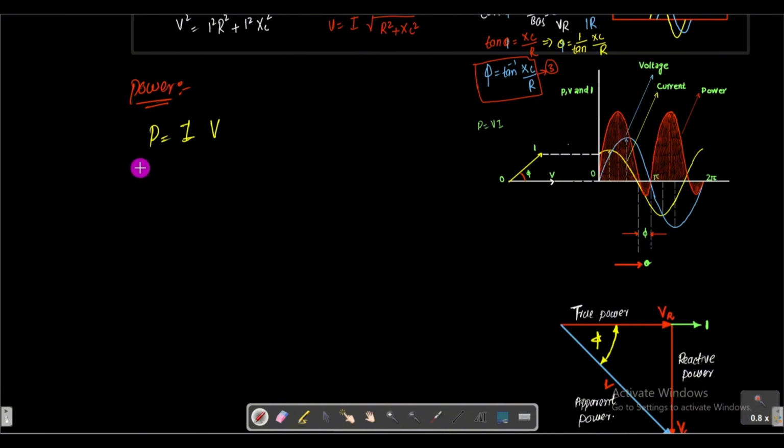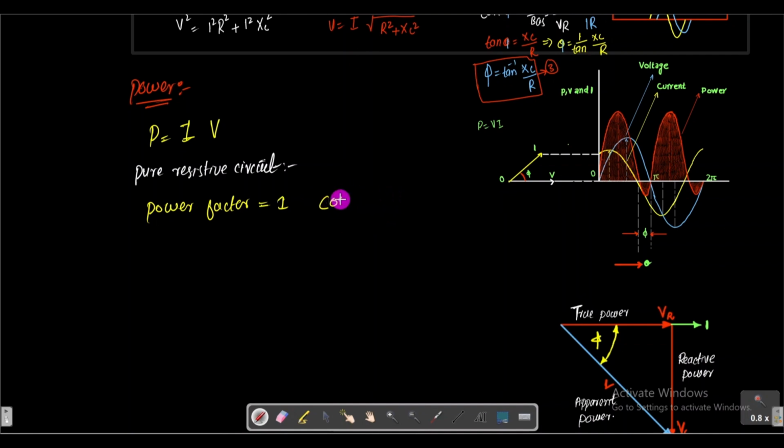In a purely resistive circuit, the power factor is 1, because the current I and voltage V are in phase with each other.